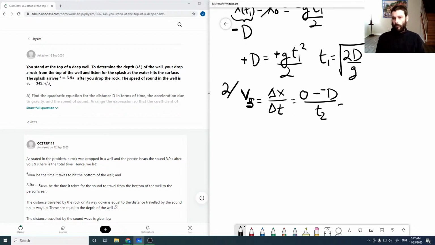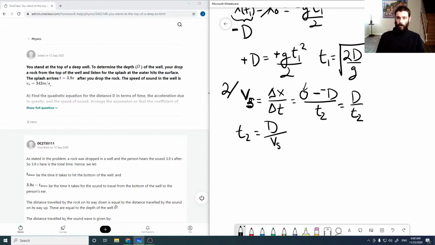So then we have d over t2. Final minus initial: the final point is the top of the well, which is 0, and the initial position is at minus d. So it should be a positive d over t2. Solving this now for our t2, we have d over Vs.